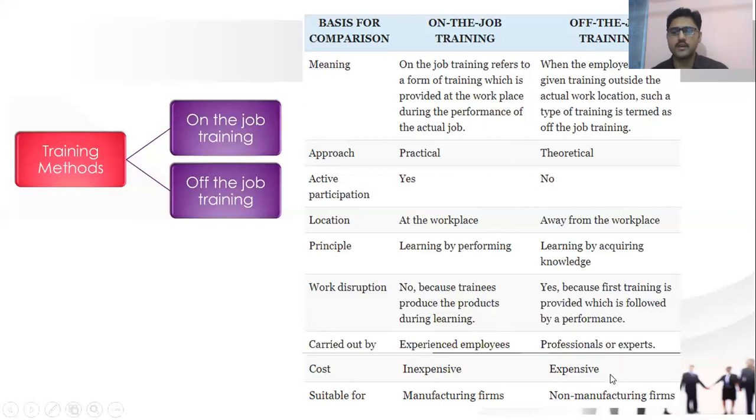You may have to give some kind of salary, you may say, or something you may have to give to the experts. Okay, who will be taking the training, right?